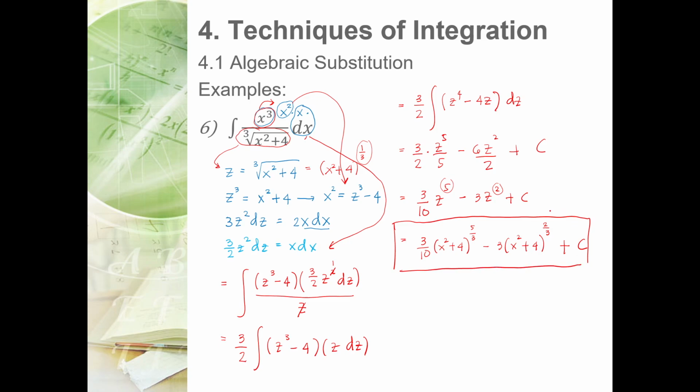All right. So questions for this example?